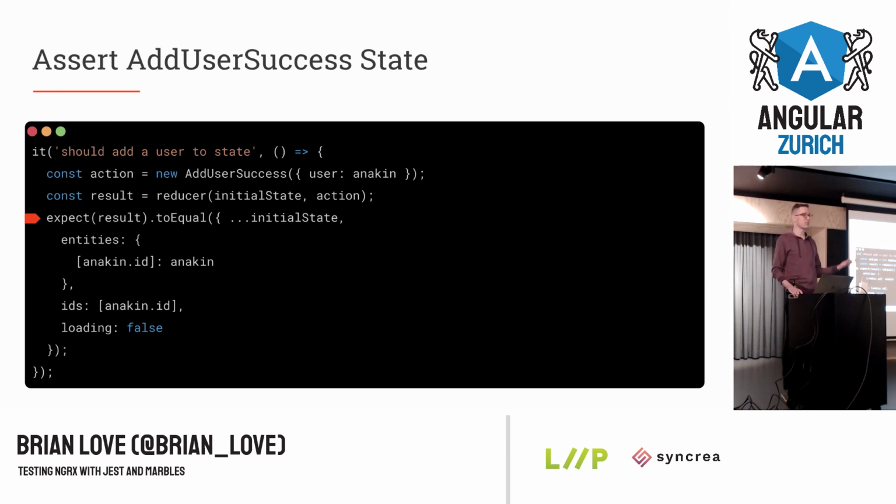So this is what we expect when add user success is the reducer modifies the state of our application. So we've got our entities. It's going to add on this new entity, the ID of Anakin, it's a Star Wars thing, and then the actual object, the user Anakin, and then we also add the ID into that IDs array, and we set loading to false.